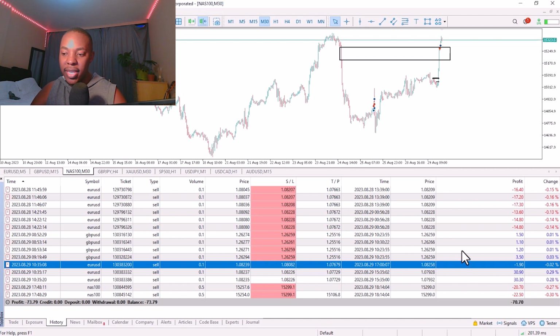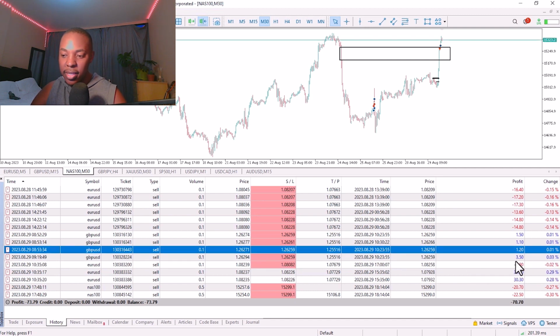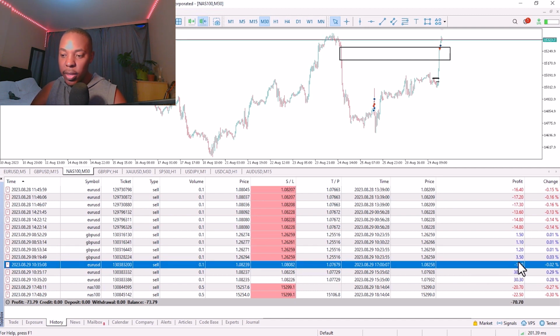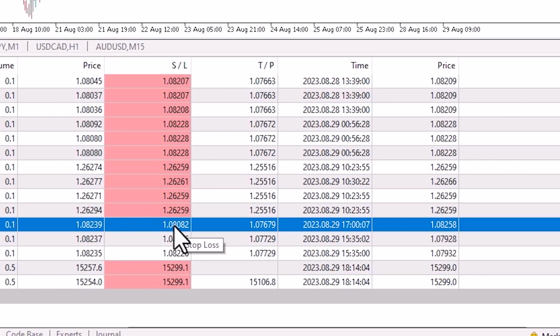And even though I did that, because of the events, price skipped, and that's where it actually closed my trade. So as you can see, this was supposed to be closed at one price, but instead this is where I was closed at. This price skip, as you can see, SL also read at this price, but I was closed at this price.